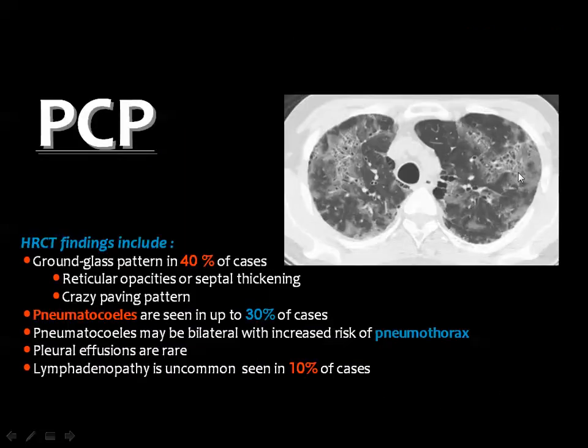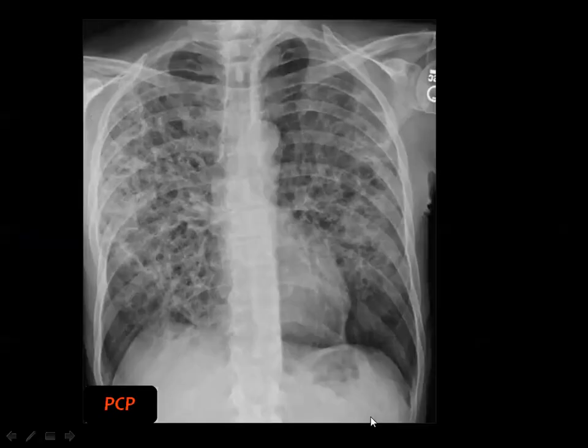The high resolution findings in patients with pneumocystis jirovecii or pneumocystis carinii include ground glass opacities in about 40% and pneumatoceles in about 30%, and these pneumatoceles are subject to rupture with a risk of pneumothorax. Pleural effusion is rare. Lymphadenopathy is uncommon, present in about 10% of the patients.